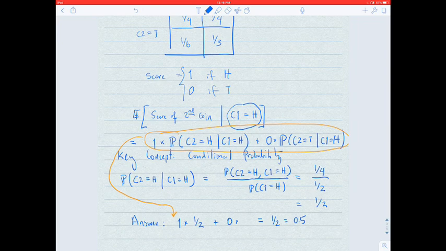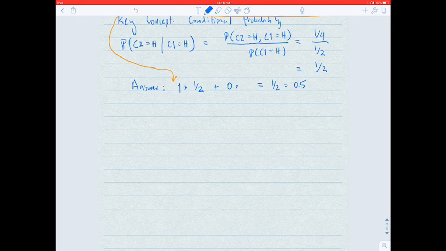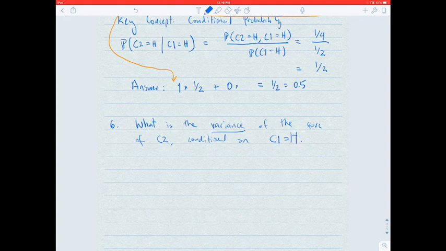Okay, so now the next question is asking us to remember what the definition of variance is. Question 6 is asking us to compute the variance of the score of coin 2 conditioned on the event that coin 1 is equal to heads.